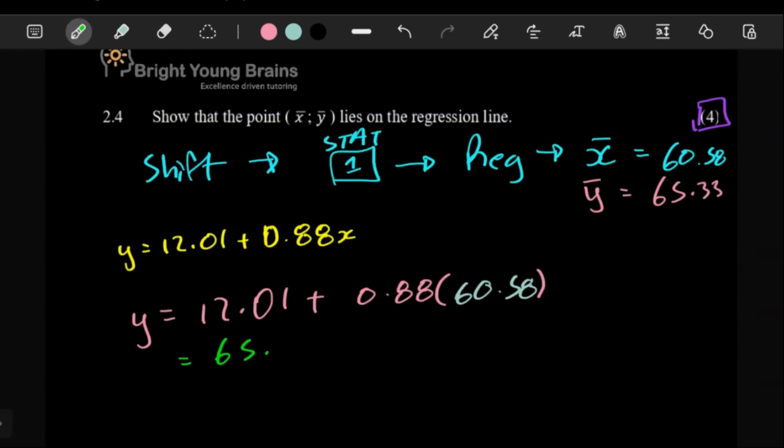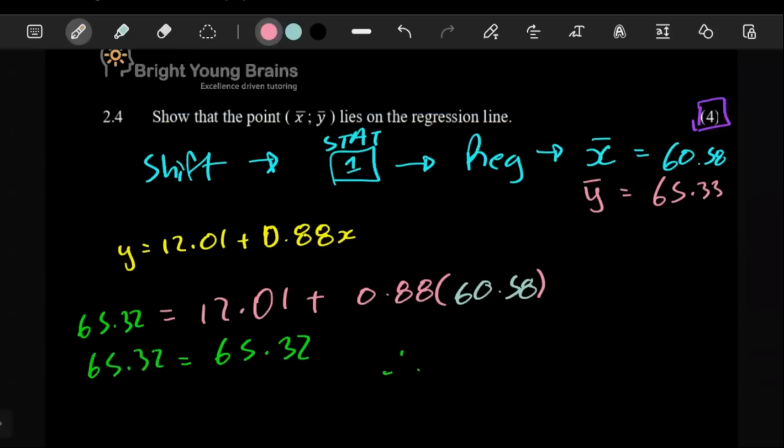So the decimal really doesn't matter. Therefore, because we have stated that the y value is equal to 65.32, this equation balances out.